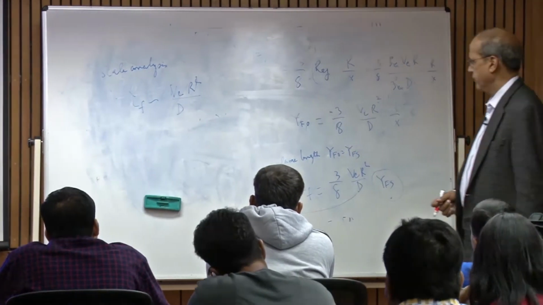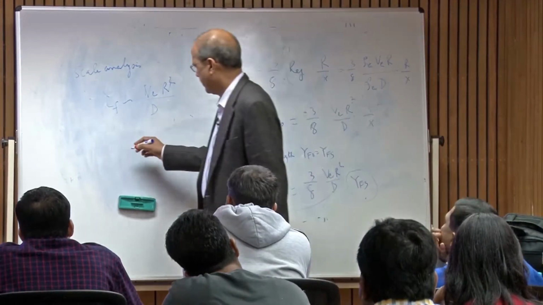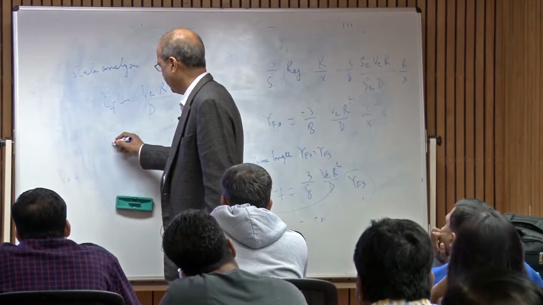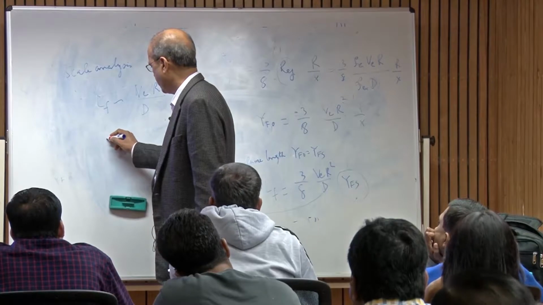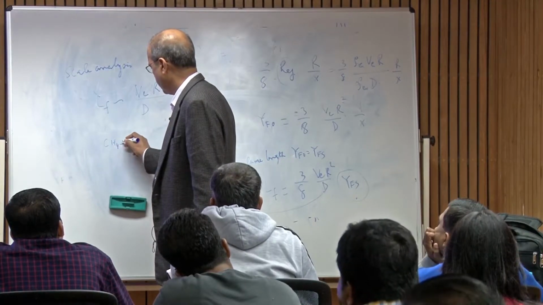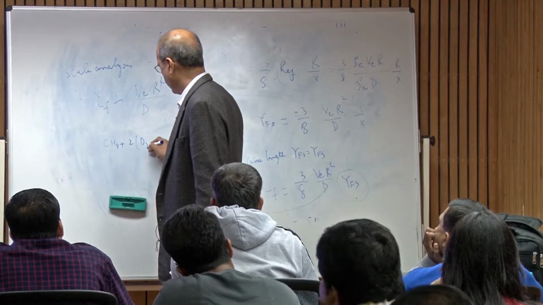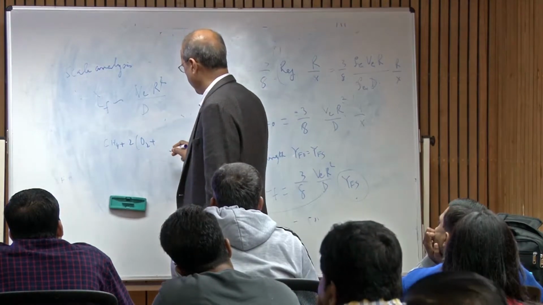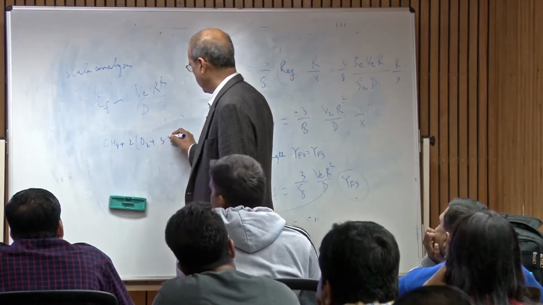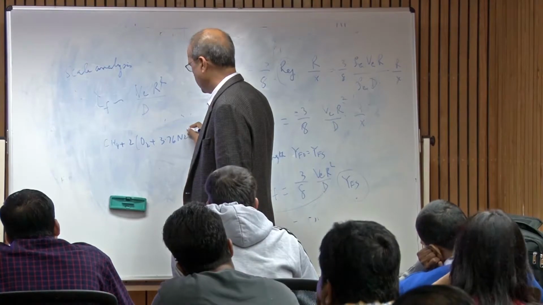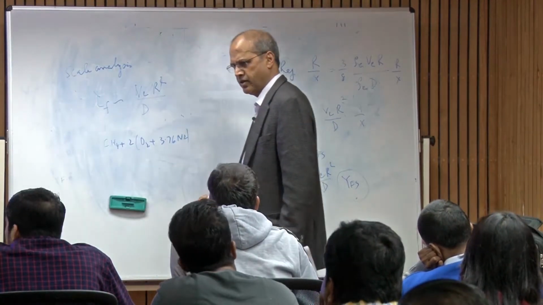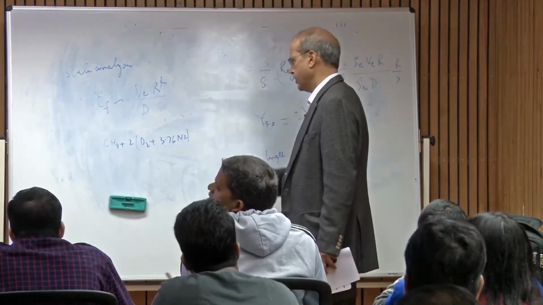For example, now if you take, let's say methane, CH4, what is the value of YFS? No, I think it's like 0.05. 17% you are saying? Air-fuel ratio. Oh yeah, air-fuel ratio is correct.